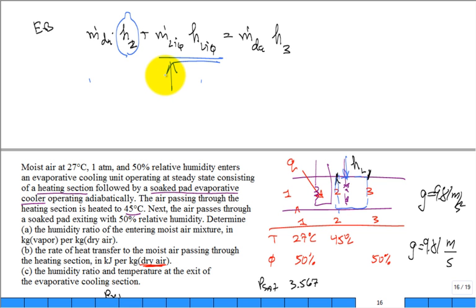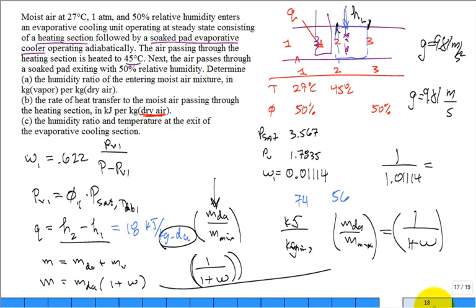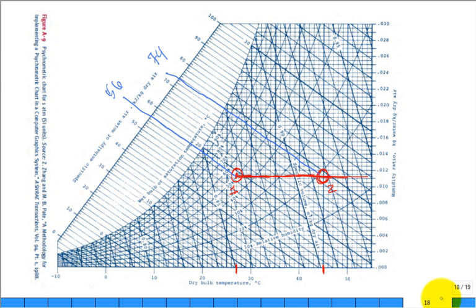How much liquid's entering? Not much. What is the enthalpy of the liquid? Not much. Guess how close H2 and H3 are to each other? They're the same, essentially. If you do the math, you get it just a little bit. So on the psychrometric chart, what does a line of constant enthalpy look like?